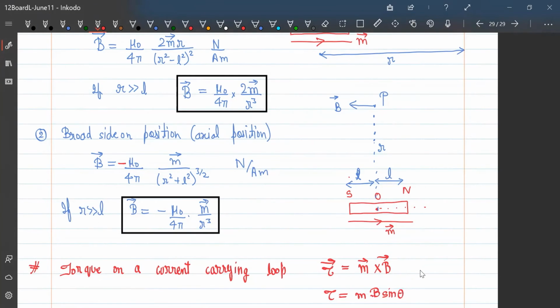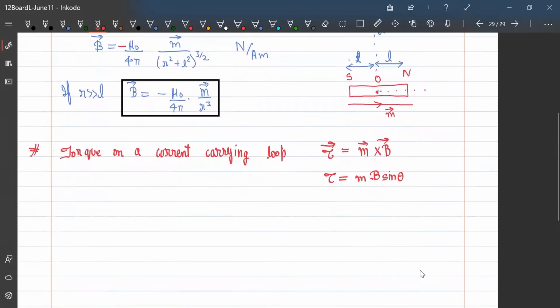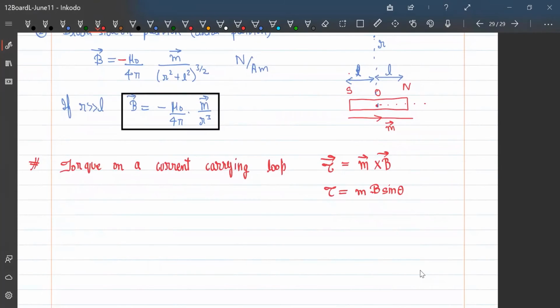Now moving on to the next topic. We already know that the torque on a current carrying loop is m cross B, that is m B sine theta. And from here we can calculate the potential energy of a magnet in a magnetic field, just like we did for the potential energy of an electric dipole.